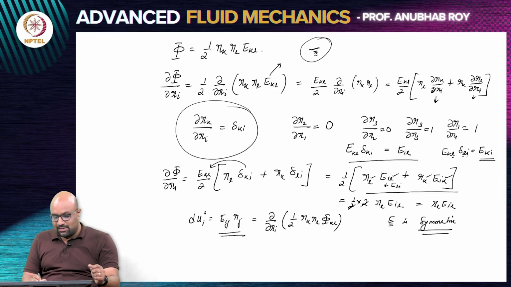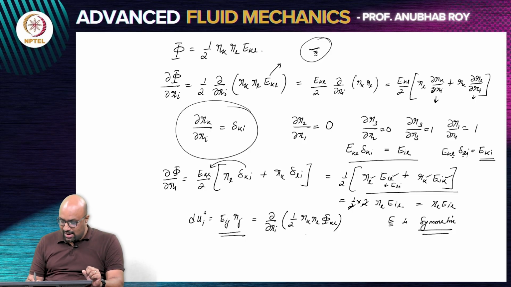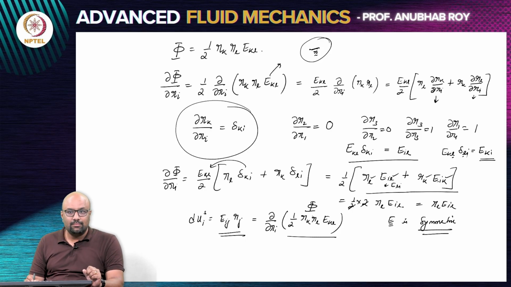So, what we have written here is that the change in the velocity for the symmetric part can be written as a gradient of a scalar, because this object is a scalar. Sorry, this should have been E_kl. Phi is that scalar. Now, it is still not clear what this achieves.